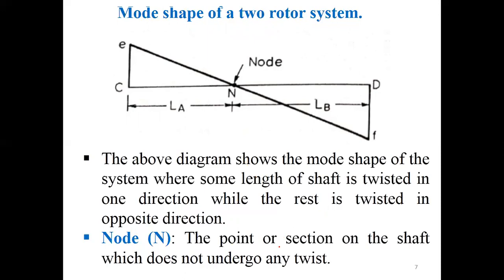You can see that for a certain length of the shaft, that is LA, the shaft is twisted in one direction, that is along this direction, while along the remaining length LB, you can see that the shaft is twisted in the opposite direction. Which means torsional vibration occurs in this system.